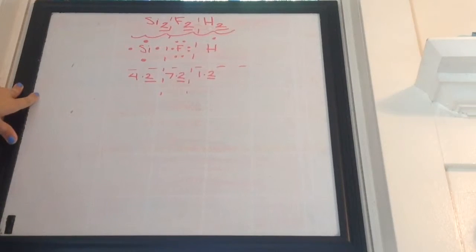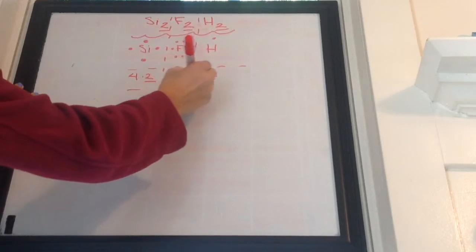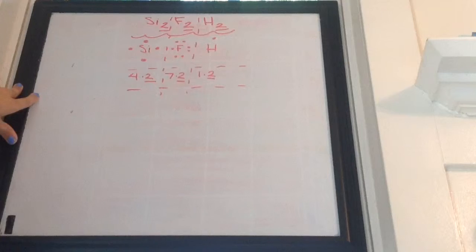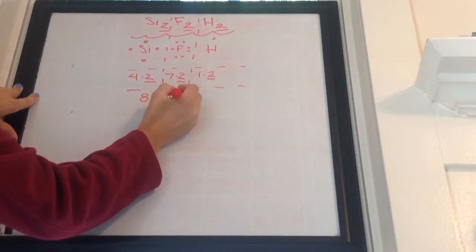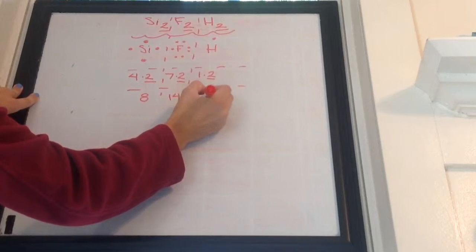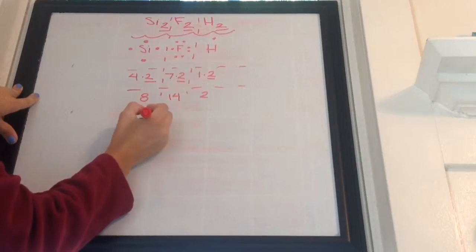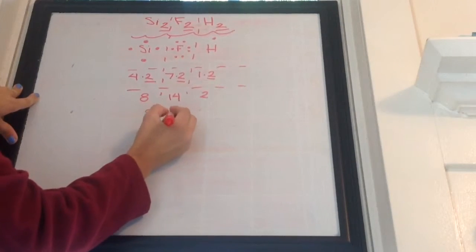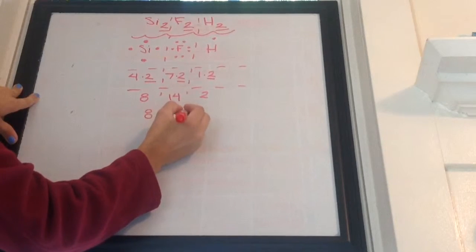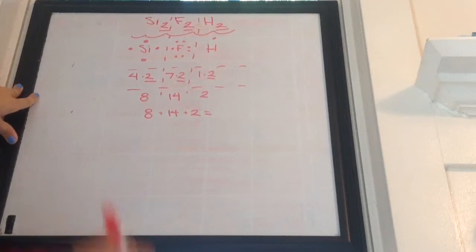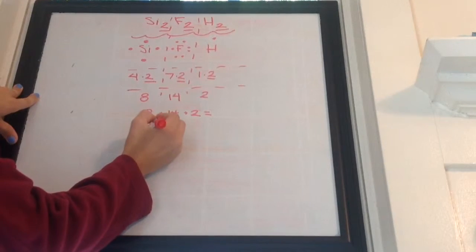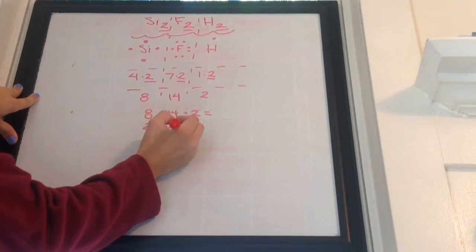Silicon has 8, fluorine has 12, and hydrogen has 2. These numbers are added together to get the total number of valence electrons. There are 24 total valence electrons.